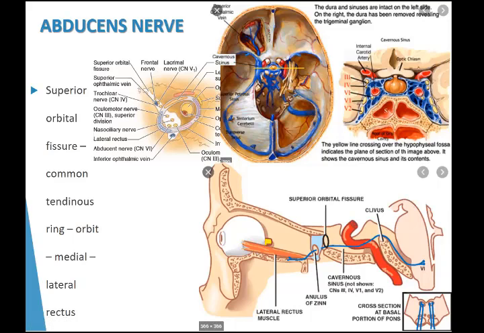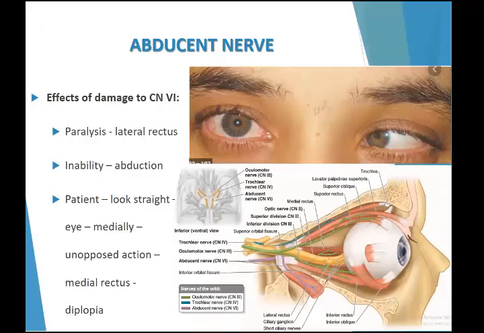ये भी tendinous ring के अंदर से pass करते हैं, जबकि trochlear nerve जो है, that passes outside the tendinous ring. ठीक है जी. वहां से now this abducent nerve, sixth nerve, then goes to supply the lateral rectus muscle और supply करता है on the medial surface. ये देख लीजिए, ये बाहर lateral surface है, ये medial surface है.